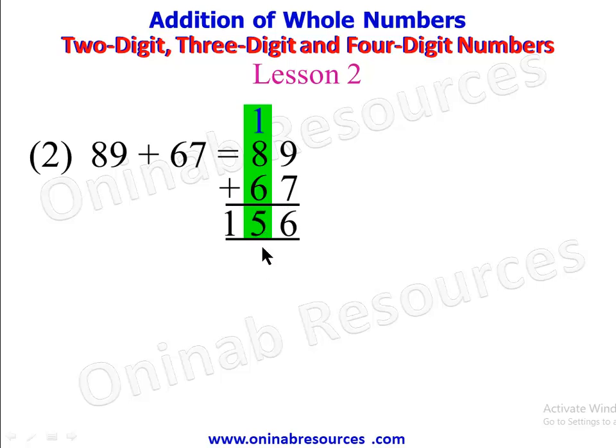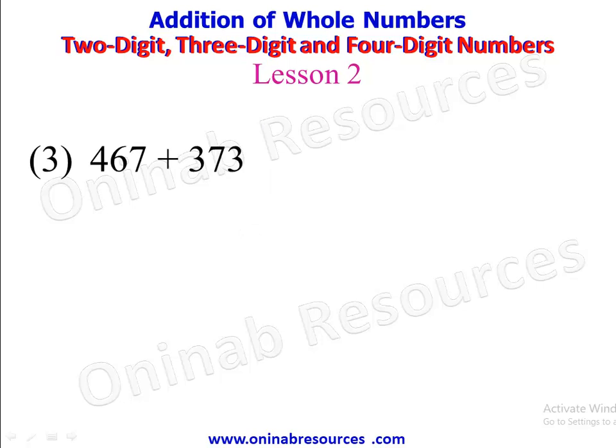So we have it as 156, since there's no other number to be added to this one. So our final answer of adding 89 to 67 is 156.